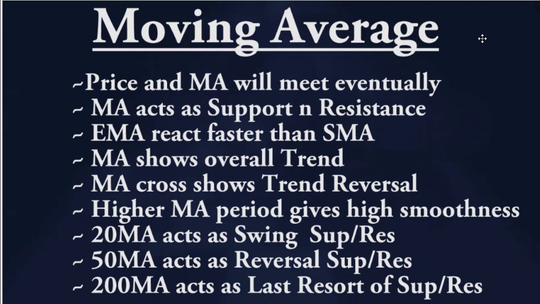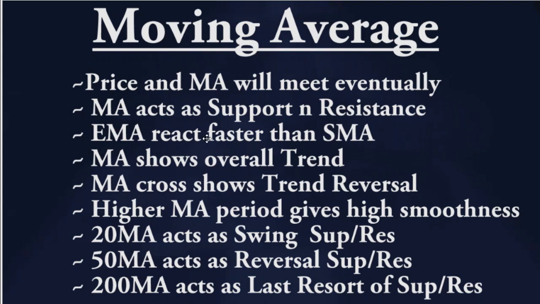Now we will discuss the important points of moving average. Price and moving average will meet eventually. Even if the price is very far away from the moving average, it will come to touch the moving average, or the moving average will go to the price. Second point, moving average acts as a support and resistance. I already showed it in the example.